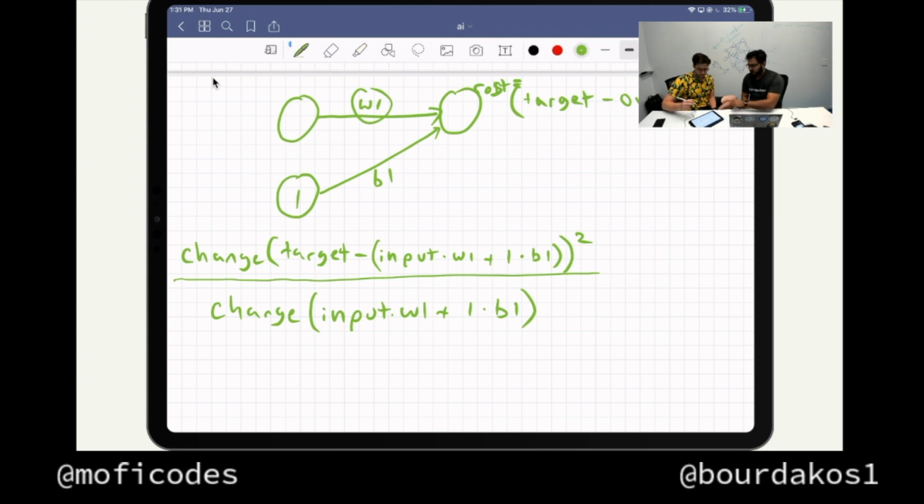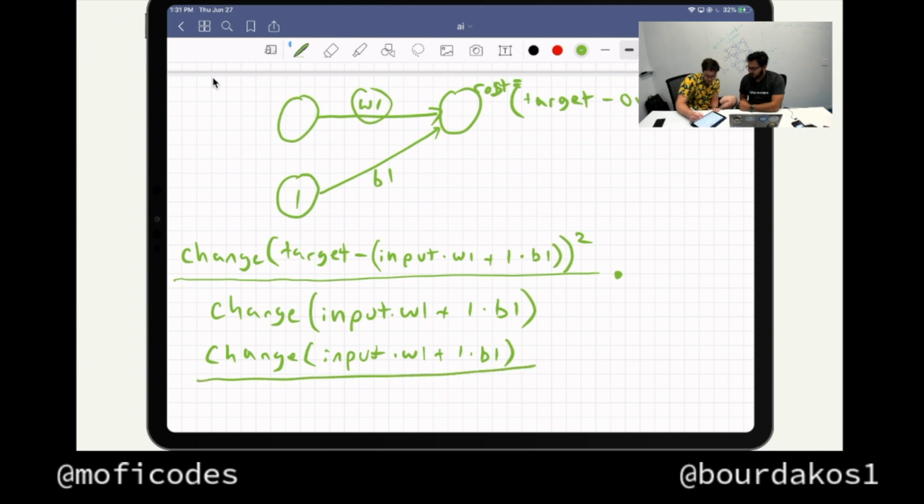And then we want to multiply this by the change in this input times weight 1 plus 1 times B1 for the bias, with respect to this weight 1.